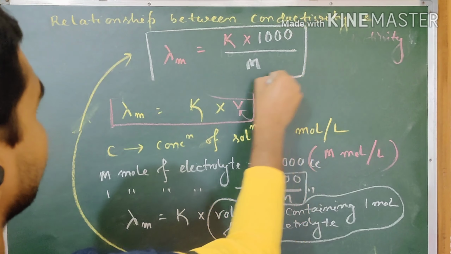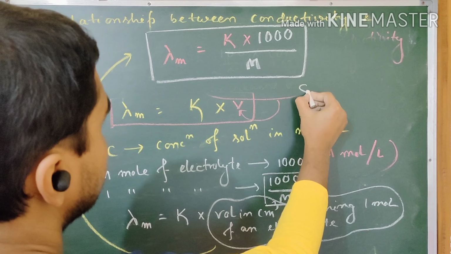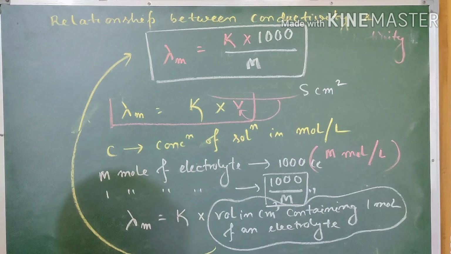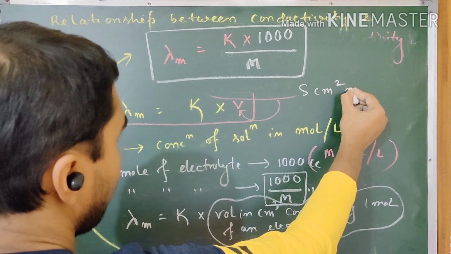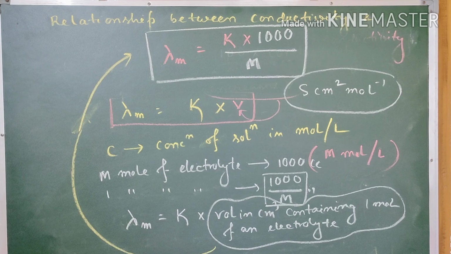This equation or formula will be utilized again and again, and its unit is Siemens centimeter square per mole. We are going to show you later how it is determined, but as of now this is the form and this is the unit.